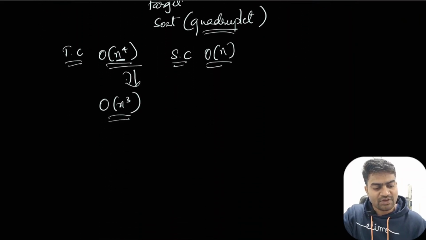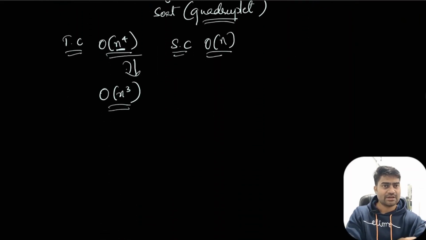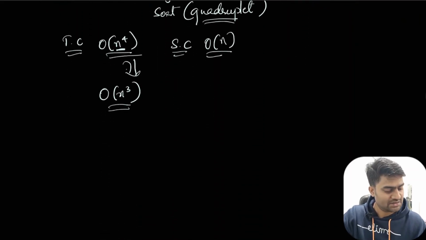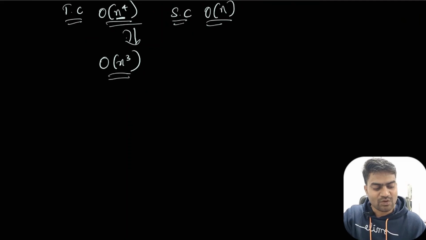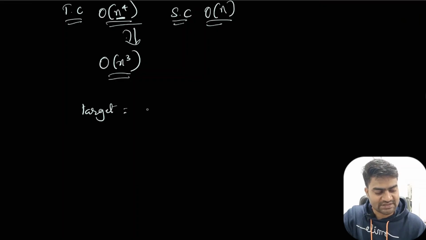So now if you have already watched the threesome video, you have already guessed what will be the answer for this. So now what we know, our target is equivalent to sum of four numbers, a plus b plus c plus d, correct, right?